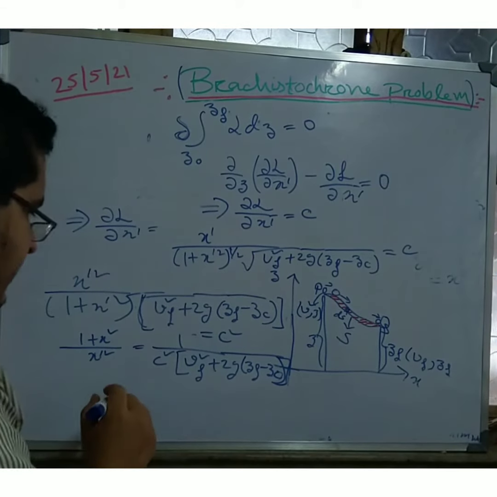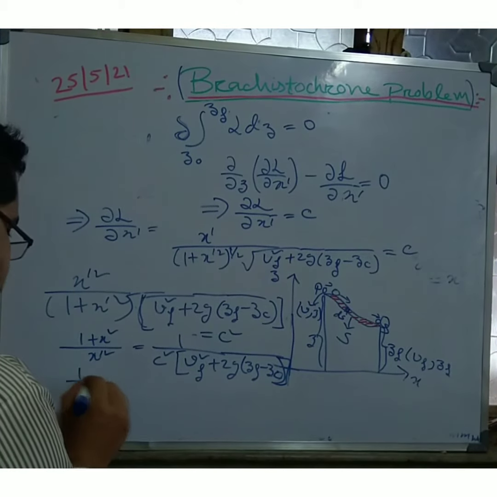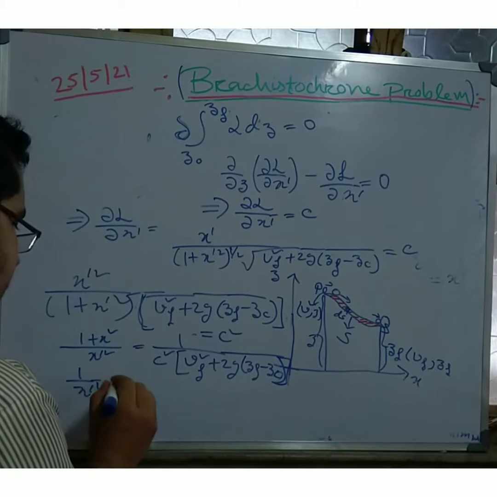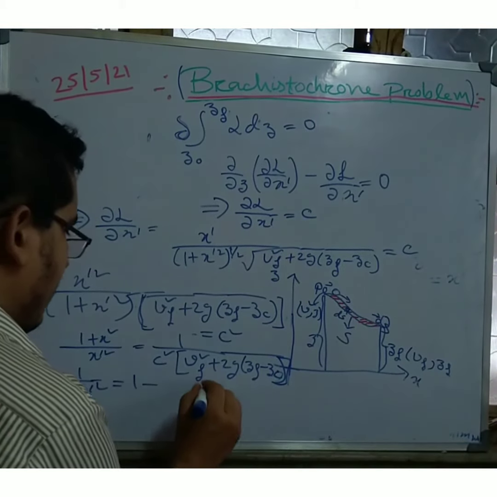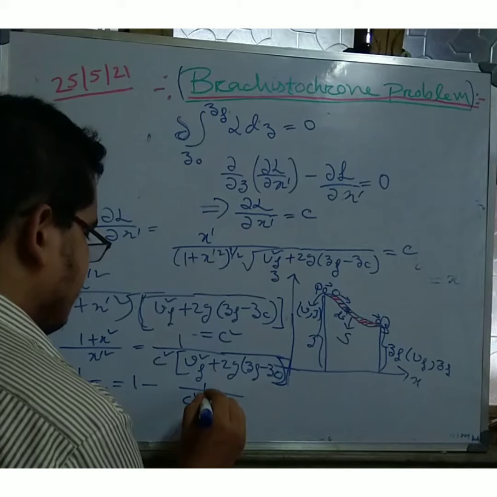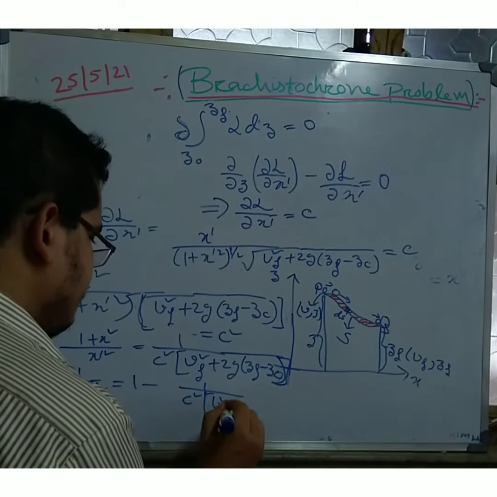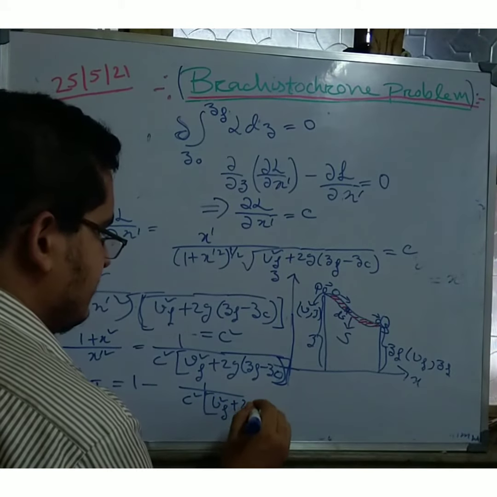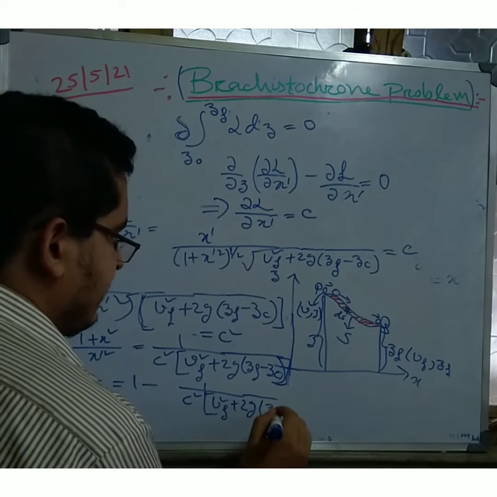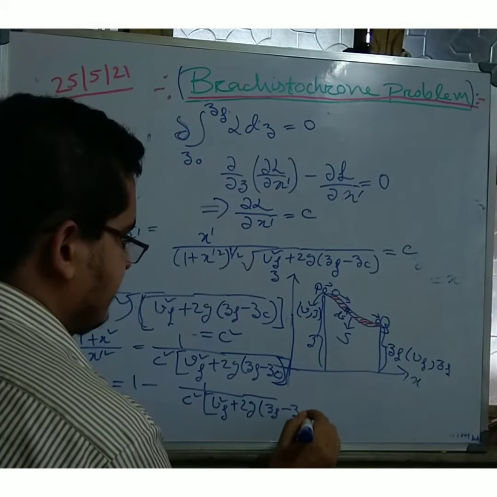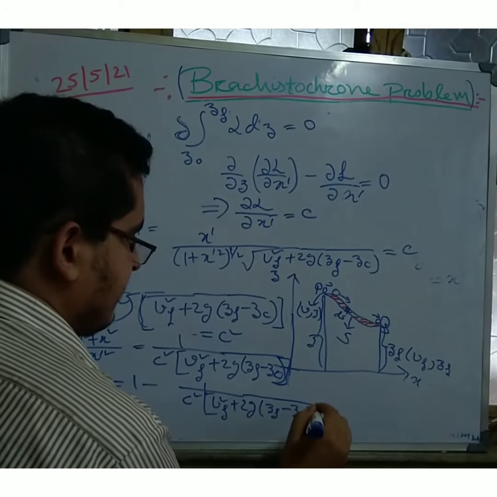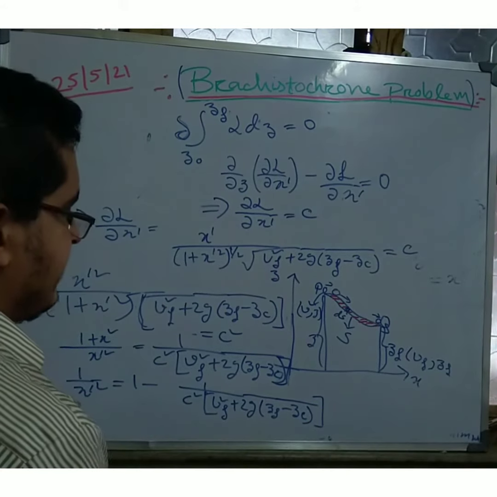And after that, whatever you see, 1 by x dash whole square is equal to 1 minus 1 by c square into v square f plus 2g into zf minus zc. Suppose c is j.